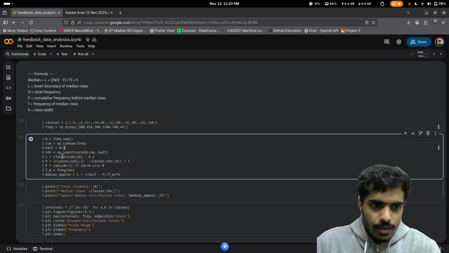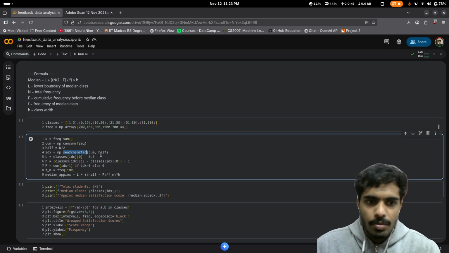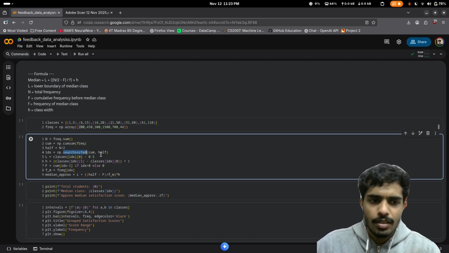Then we'll use searchsorted to find the middle point with the help of the cumulative frequency and half of the total number of students, right?